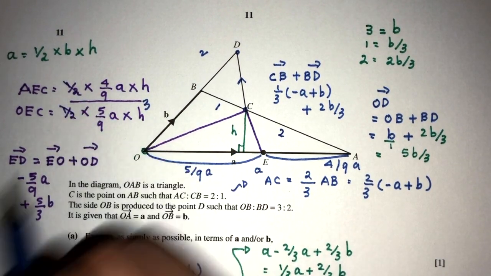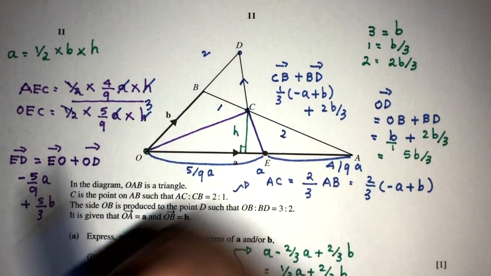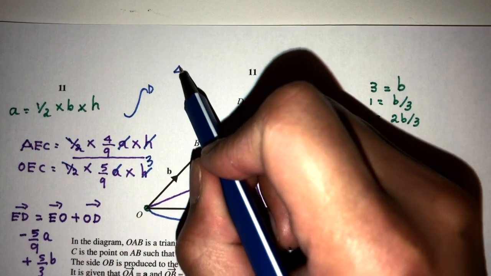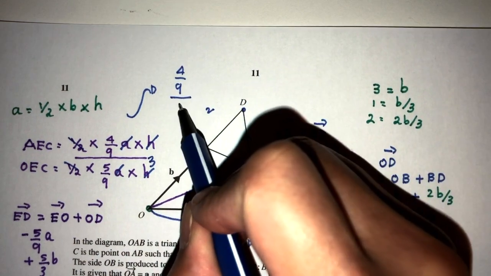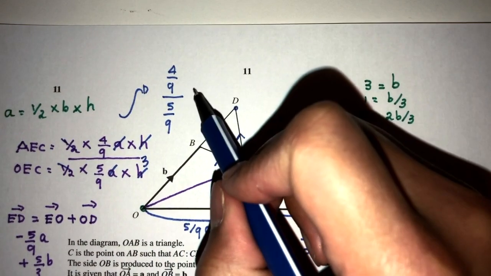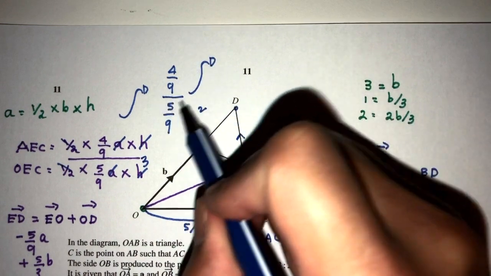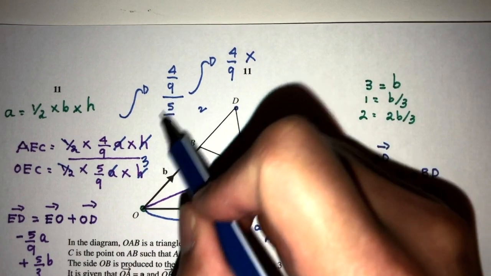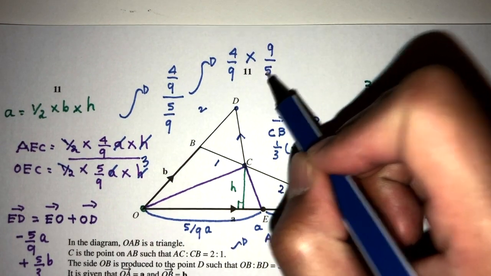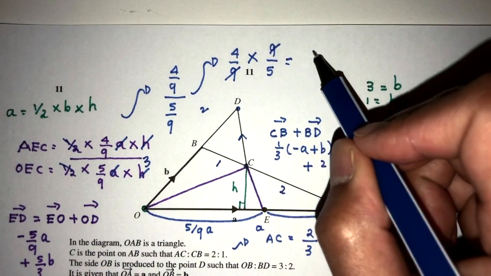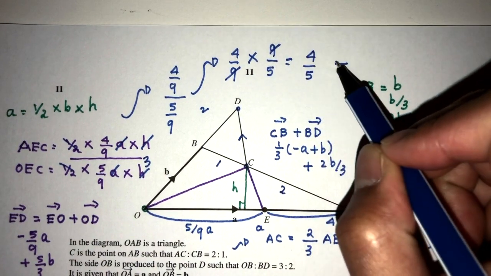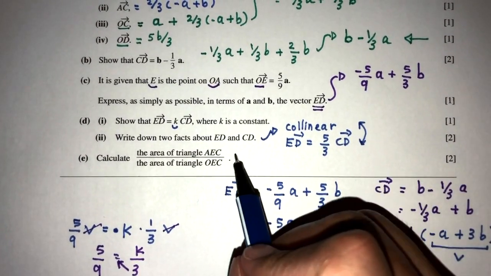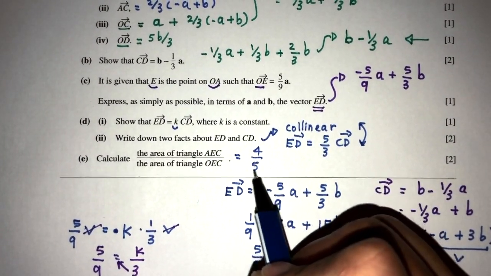Half, h cancel. So you will have in the end 4 over 9 divided by 5 over 9. Now as you know, whenever you have divide, we can change to multiply. So 4 over 9 multiply, you just have to flip this one upside down. That will be 9 over 5. So they will cancel out. 4 over 5 will be your answer for the ratio of the triangles as follows.